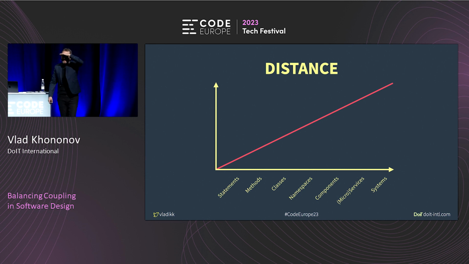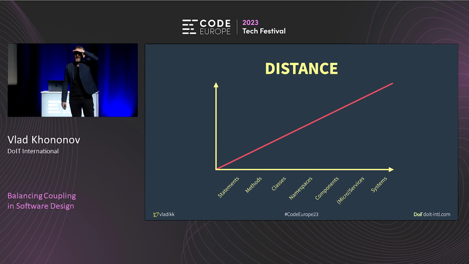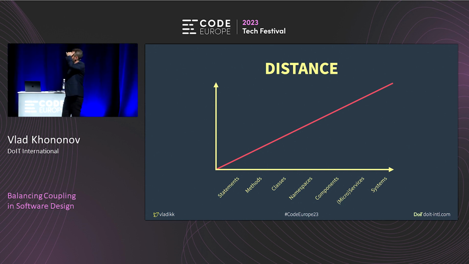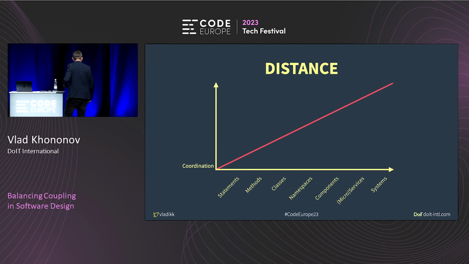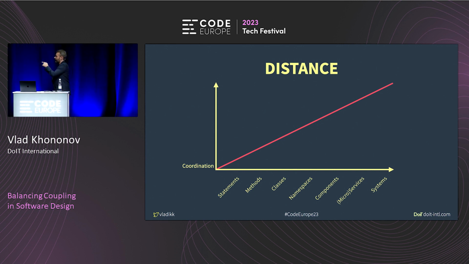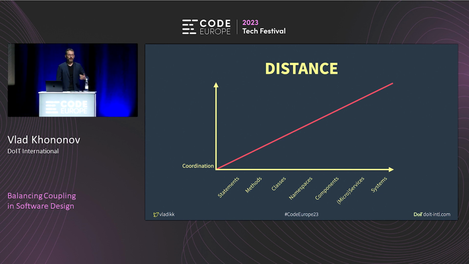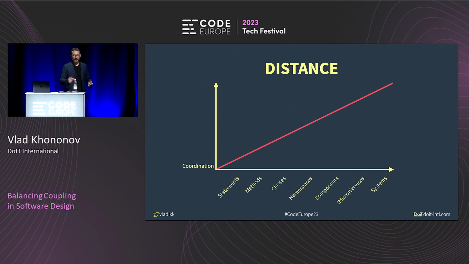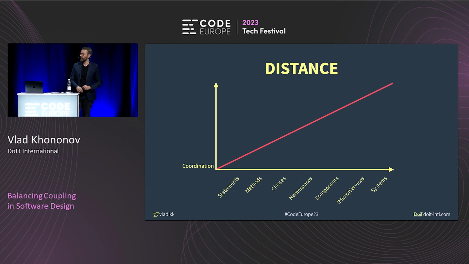How strong? Yeah, in a sense, that's right. Well, but more specifically, it reflects the coordination effort, but we'll get to that. The coordination effort that is required to implement a change that affects connected components.